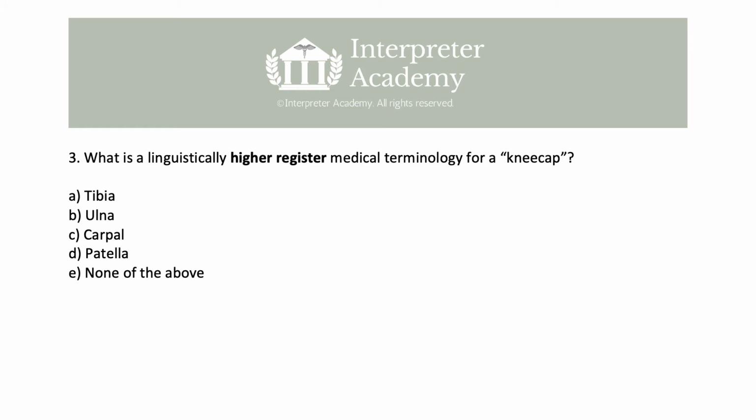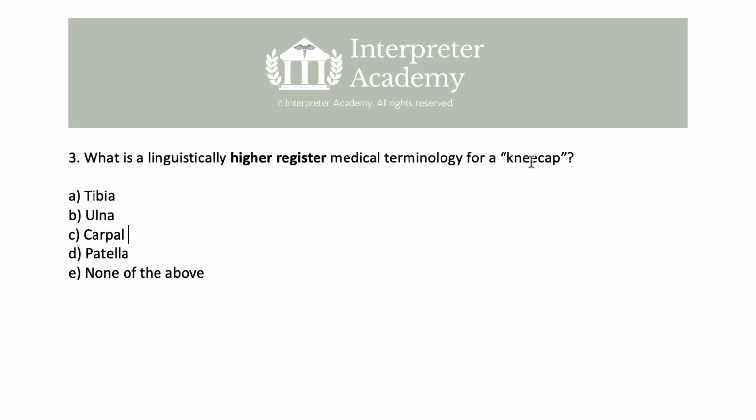Question number 3. What is a linguistically higher register medical terminology for a kneecap? So here, higher register. What do we mean by higher register? It is actually a very important concept that you should know if you're working as an interpreter, I believe. When we say something has a higher register, we are really saying that it is a more difficult way of saying it.